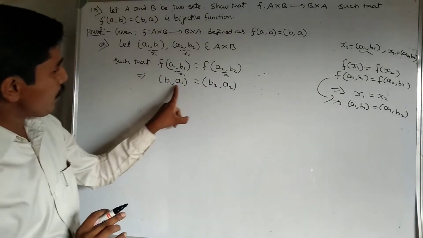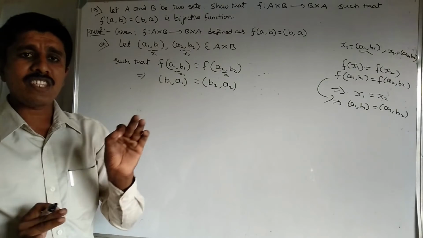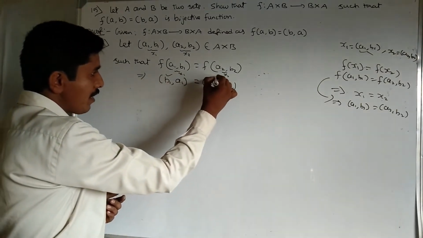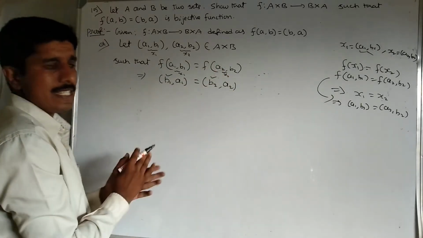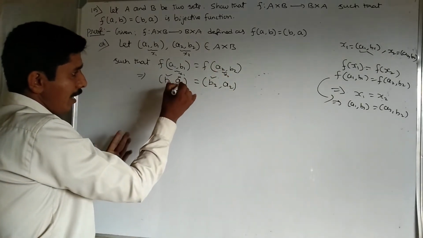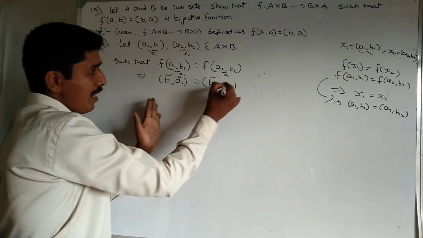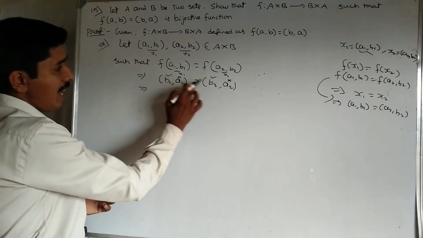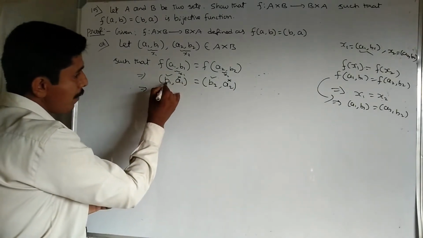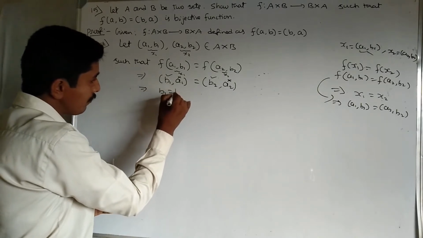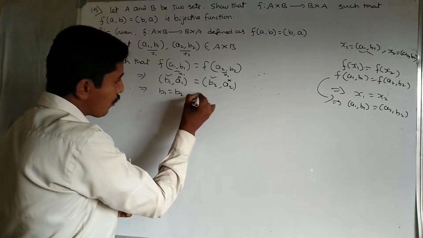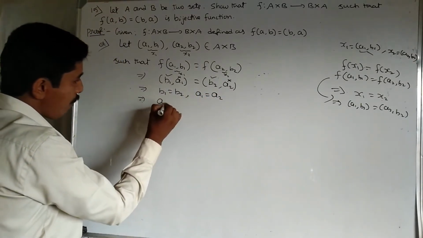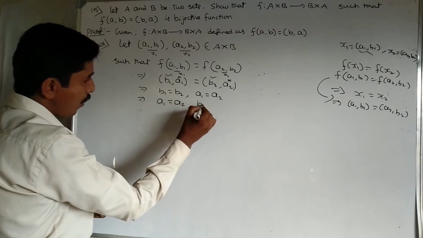We know that two ordered pairs are equal means corresponding elements are equal: the first element of the left ordered pair equals the first element of the right ordered pair, and the second element on the left equals the second element on the right. So B1 equal to B2 and A1 equal to A2.